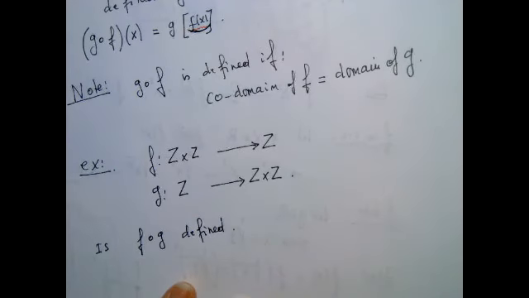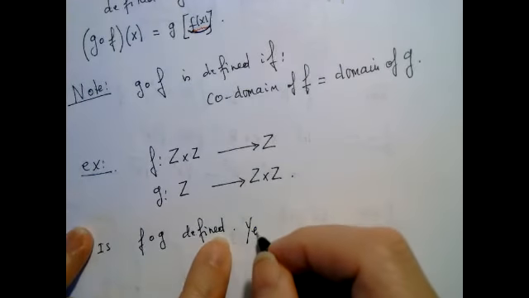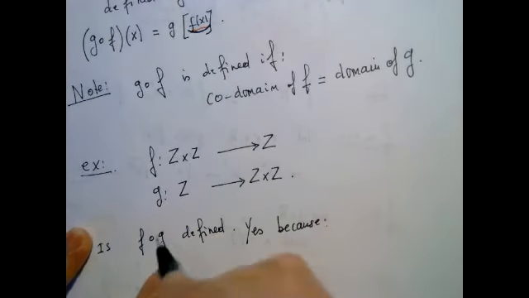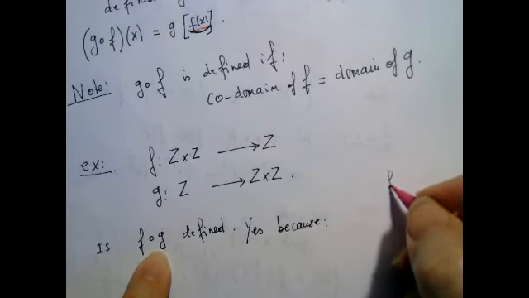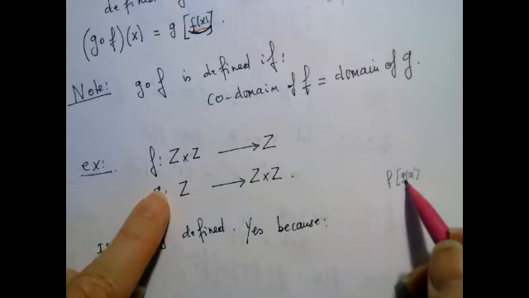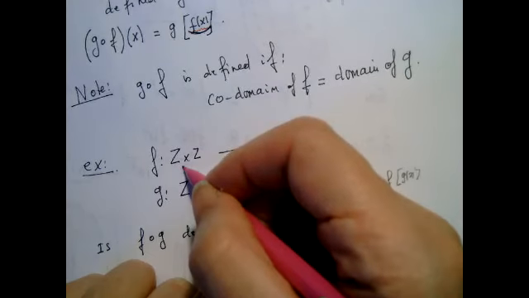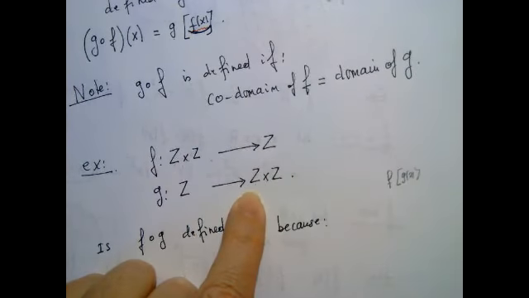Okay, is the composition defined? Yes, because the codomain of g is equal to the domain of f. What's the codomain of g? If you ever forget, you ask yourself, how is this defined? This is f of g of x. So for this to be defined, g of x is in Z cross Z, so it has to be defined. So this and this have to be the same.